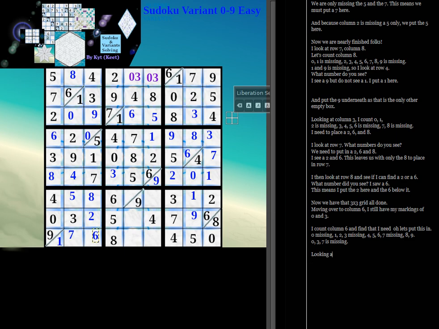Now looking at row 7, I do see a 3. So I know I cannot put a 3 in row 7. I will now look at row 9, where I see a 7 and a 0.